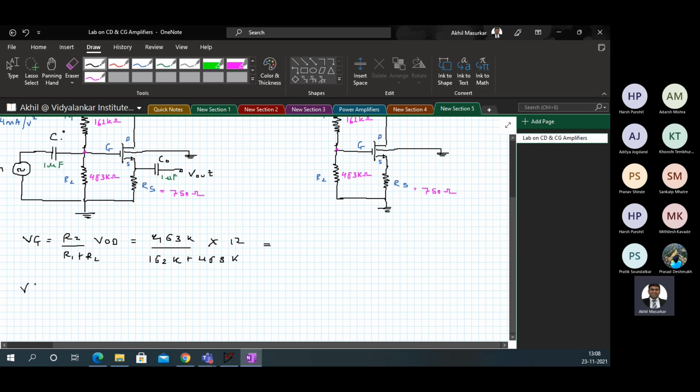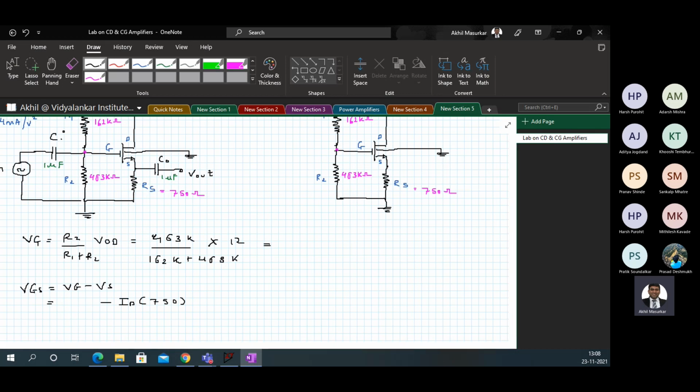Then we have VGS, which is going to be Vg minus Vs. So that is Vg minus ID into RS, where RS is 750 ohms. So what is this Vg? Come on, quickly calculate that and tell me.